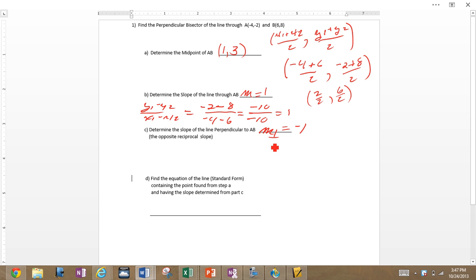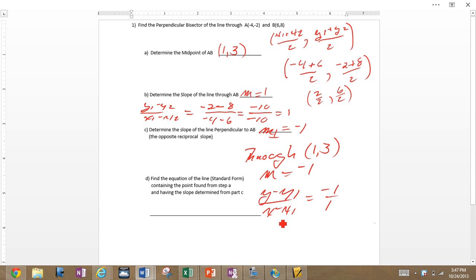Now we find the equation of the line through the midpoint (1, 3), with slope equal to the slope of the perpendicular, -1. We go to our modified slope formula: y minus y1 over x minus x1 equals the slope of -1. We always express it as a fraction.